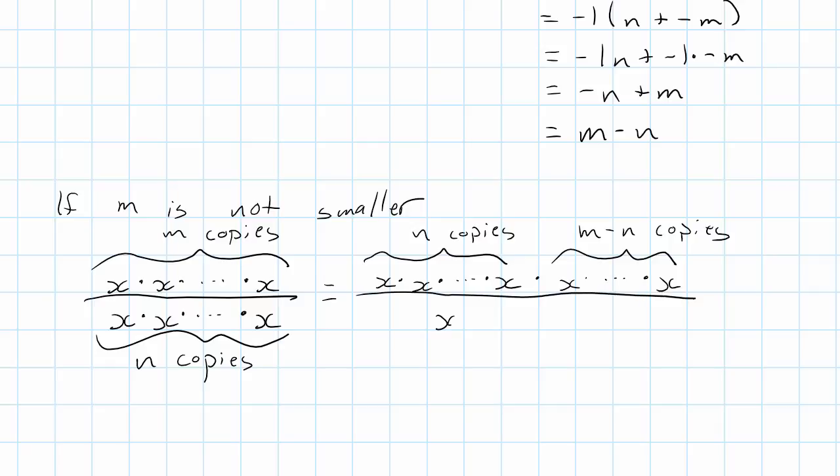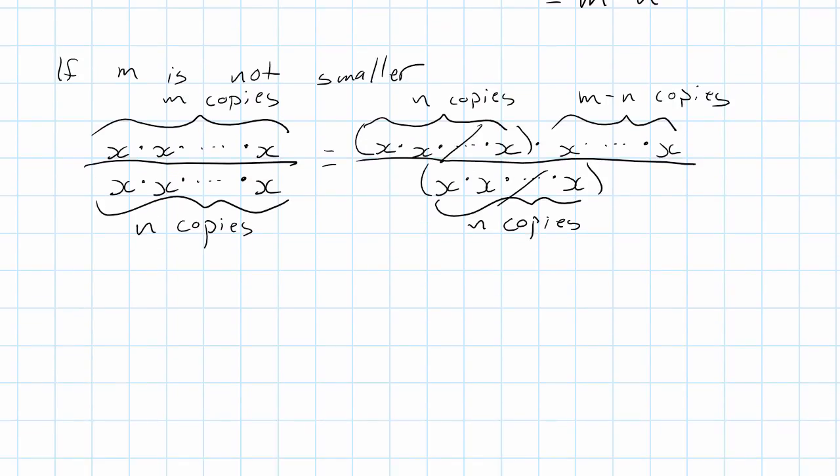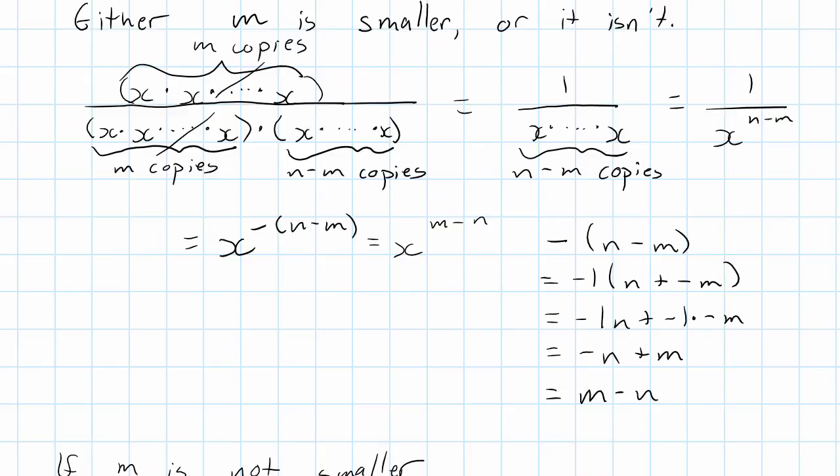And then in the denominator I just have my n copies. These are a common factor of the numerator and denominator. In the denominator all I have left is 1. So I've got m minus n copies of my number x. So x to the m minus n.